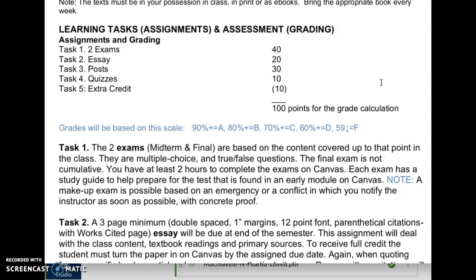Final week comes, everything's due, everything's closed except the final exam, and that ensures me and you that once you take the final exam, that's the grade you're getting in the class. By that time, there will be no extra credit accepted or late work accepted.